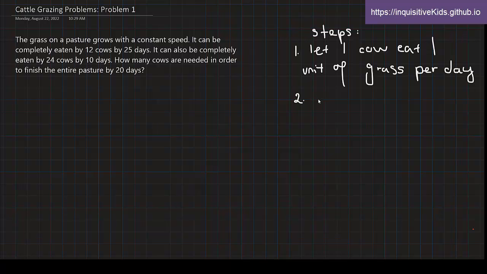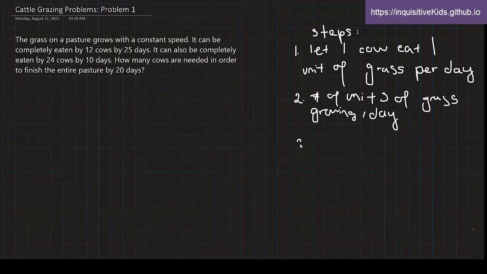So you have to find the number of units of grass growing per day. Okay, so far we have 2 steps. The first one is set, and the second one is find the number of units of grass growing per day.